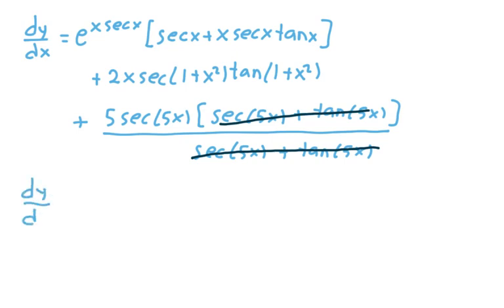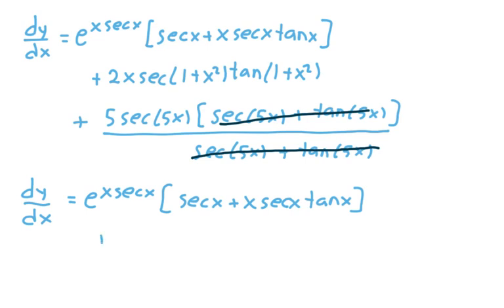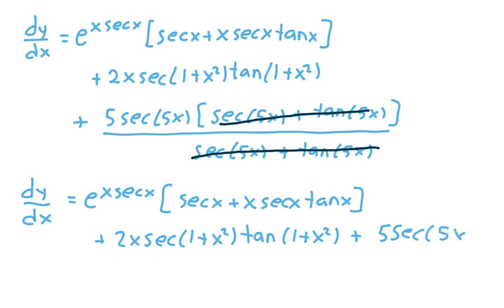And so dy dx is e to the x secant x times (secant x plus x secant x tangent x) plus 2x secant of (1 plus x squared) tangent of (1 plus x squared) plus 5 secant of 5x.